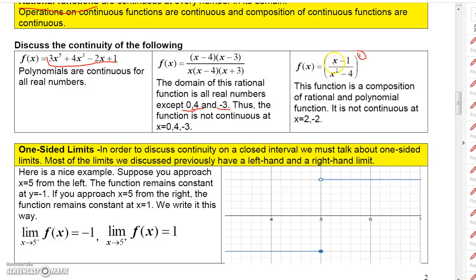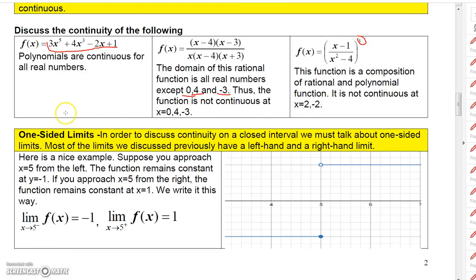But basically the point is that if x is 2 or -2, the function on the inside is not defined. So therefore, if you try to cube it, that function is not going to be defined either. So this function is not defined at 2 or -2.